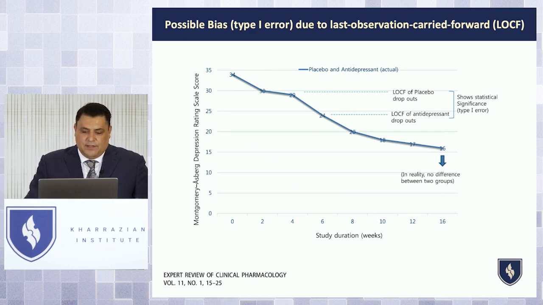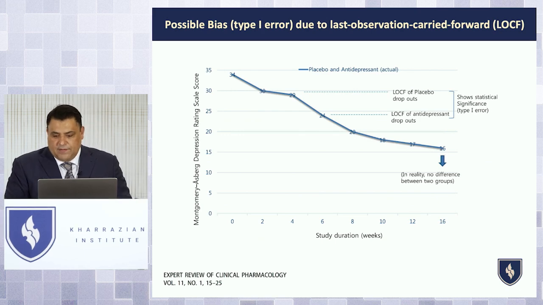So they compared a method where the last outcome is carried forward versus per protocol or intention to treat variations. And they found that when they did a proper analysis, there was no difference in some of these studies that were published to support drugs being approved by the FDA.